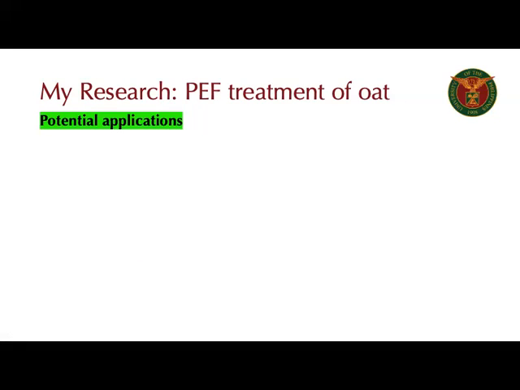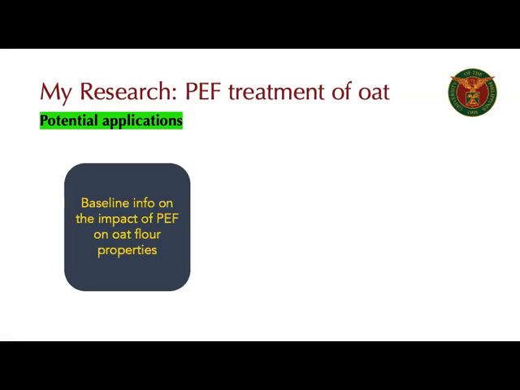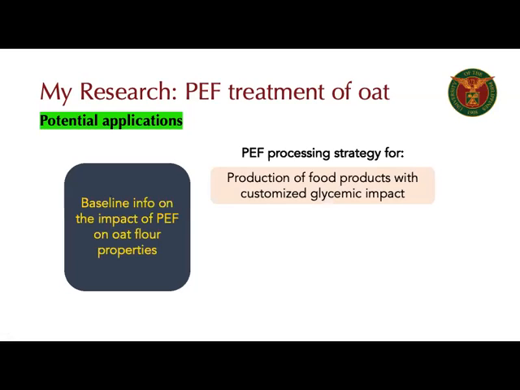So ano ngayon yung potential applications of these findings? So the data that I gathered served as baseline information on the impact of PEF on oat flour properties. And basing on this, PEF processing may be used doon sa production of food products with customized glycemic impact. So I will elaborate on this in the next slide.